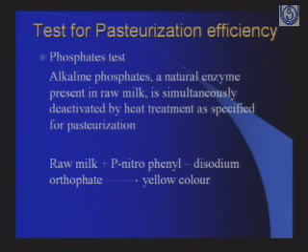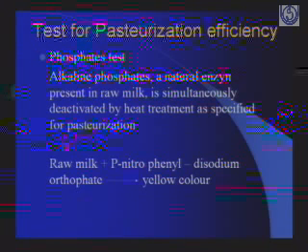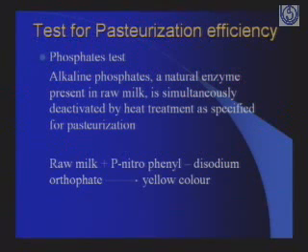Whether the pasteurization is efficient or not, there is a phosphatase test. Why have we decided that milk should be heated at either 63 degrees centigrade for 30 minutes or at 71.7 degrees centigrade for 15 seconds? There is a reason for that, and the reason is that the most heat-stable pathogenic microorganism is the tuberculosis bacteria.